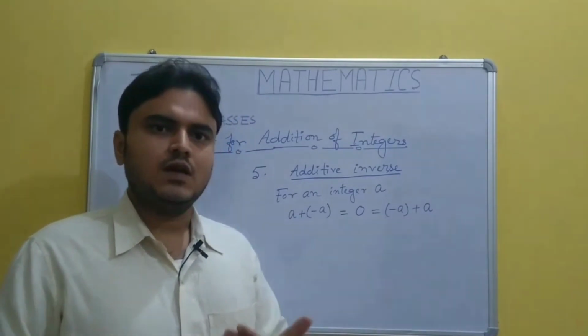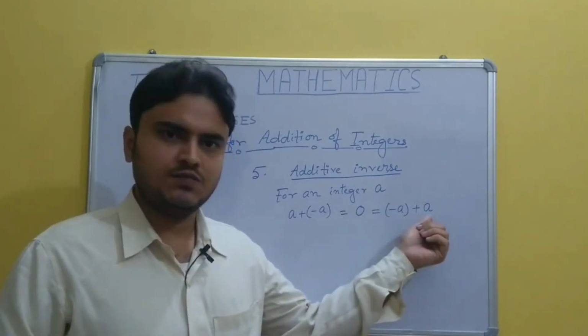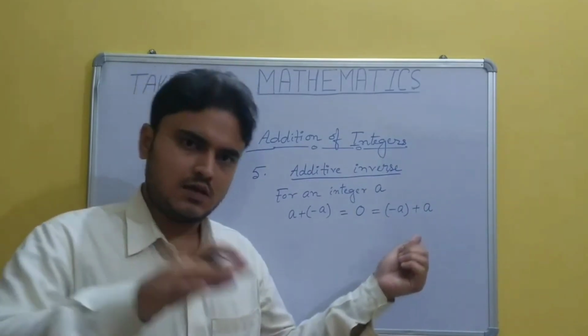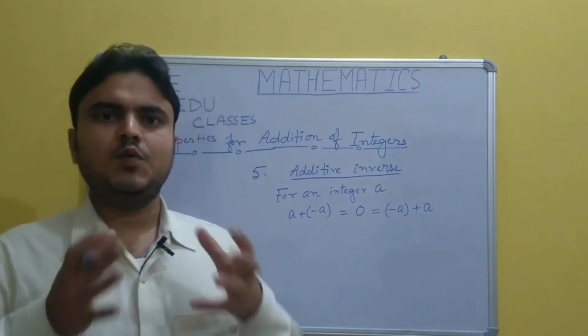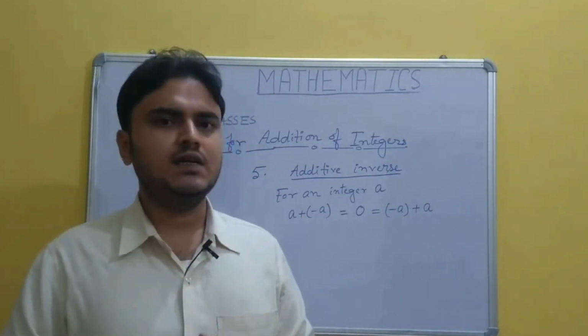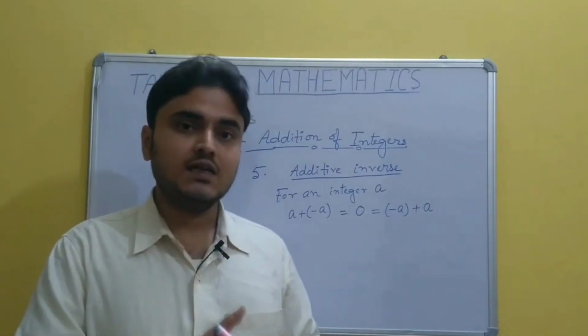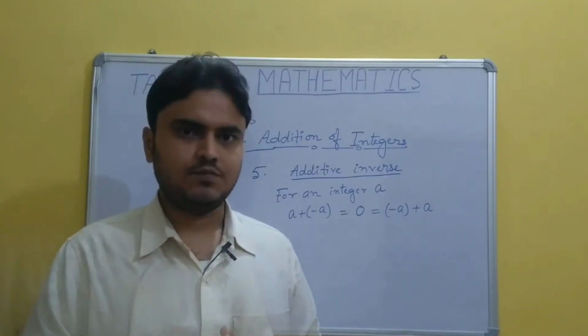Similarly, if we add a negative integer with its opposite sign, that means a positive integer, after addition we will get 0. So for any positive integer, the additive inverse will be its negative integer, and for any negative integer, its additive inverse will be the positive integer.